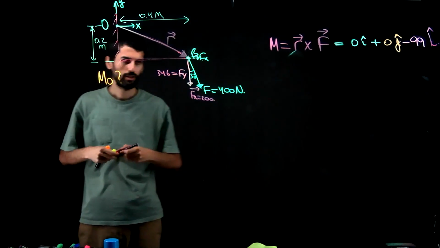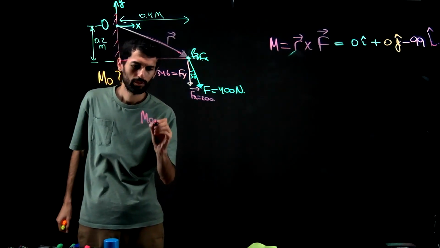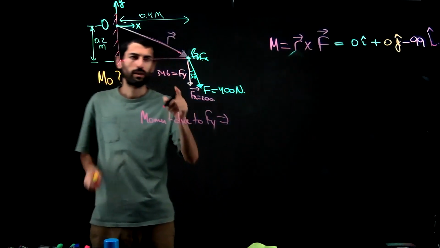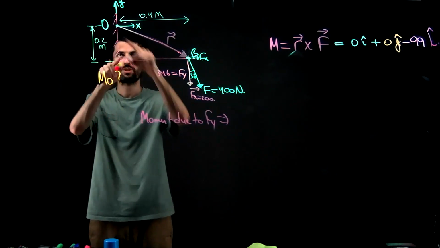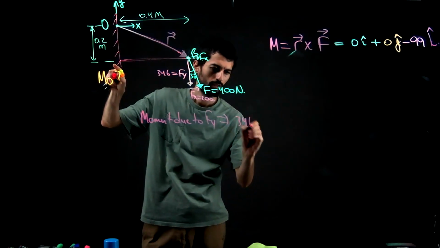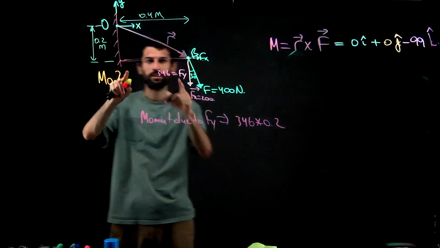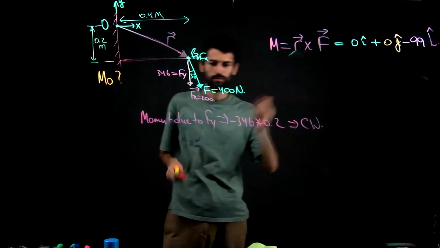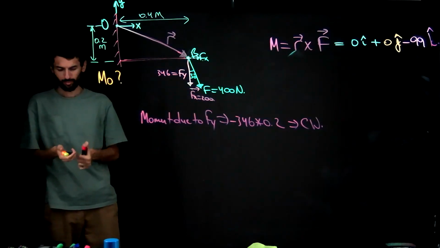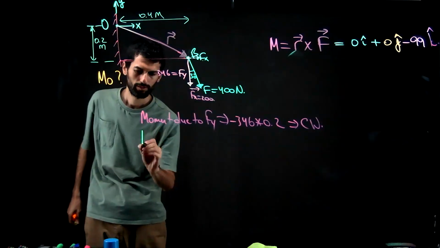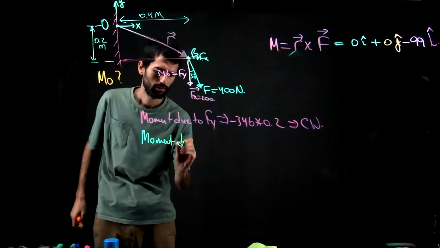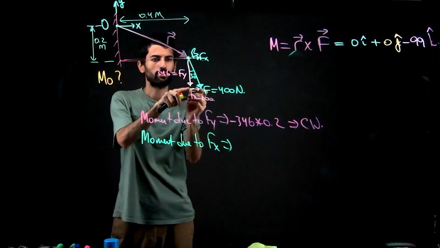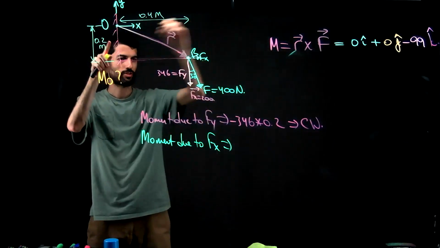So I will have the moment due to F_y, which is 346 times the arm, and this one is a clockwise moment, that is negative. Then the moment due to F_x rotates that way, which is counterclockwise.